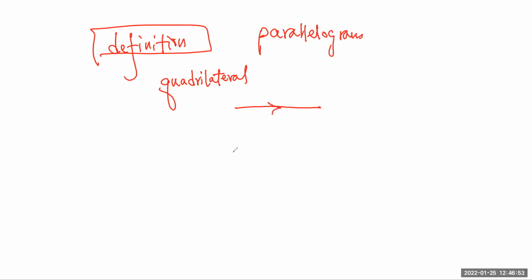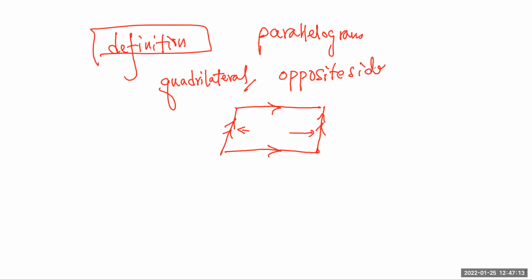That means if you have something like here, this side and that side are parallel, and this side and that side, they're called opposite sides. So they're opposite each other. So opposite sides are parallel. Then we call that a parallelogram.